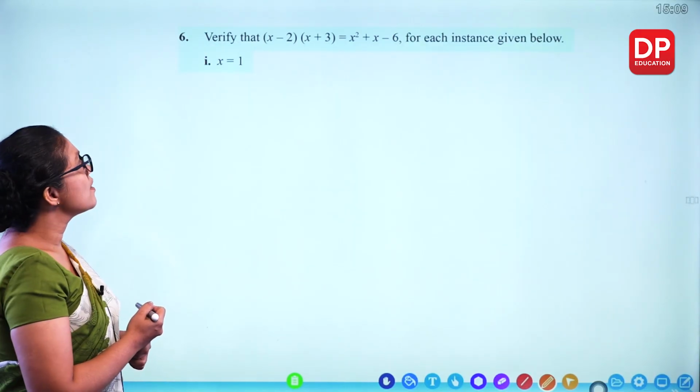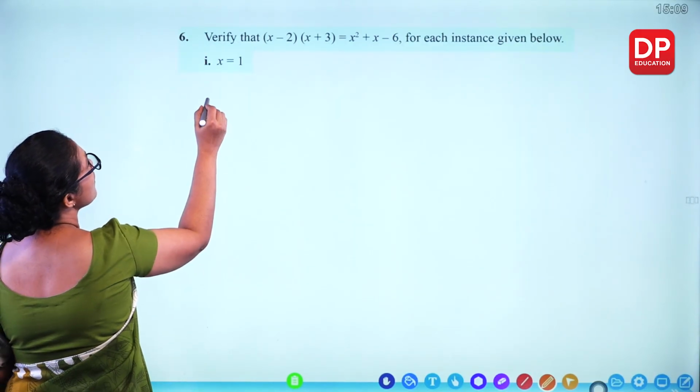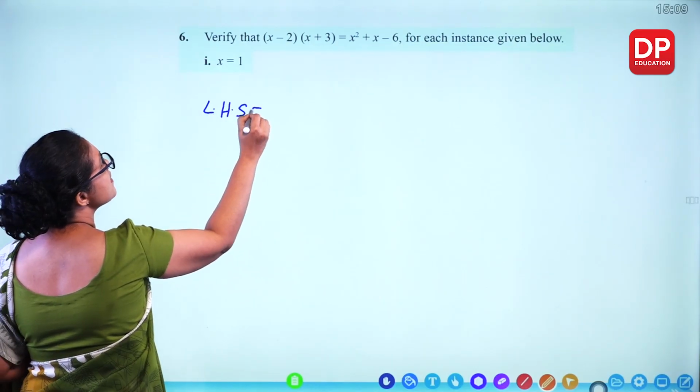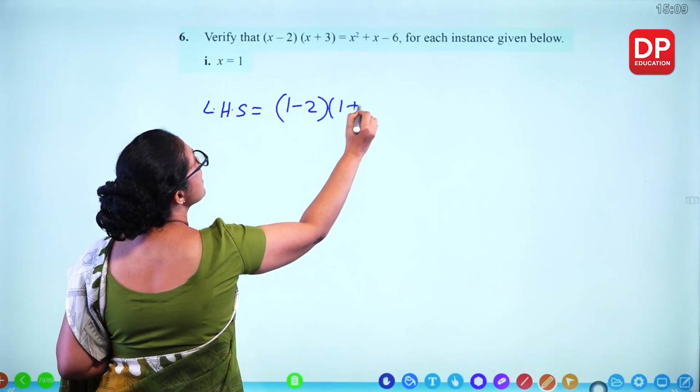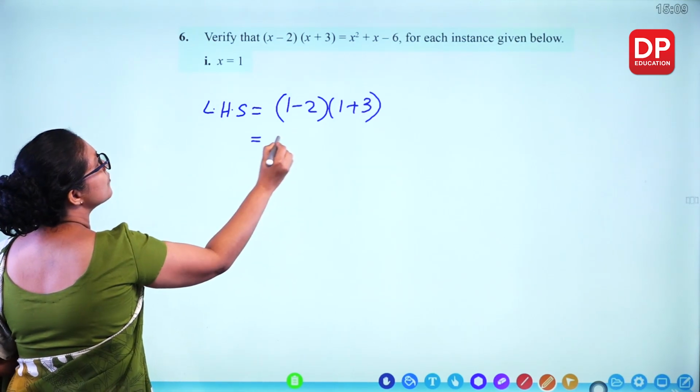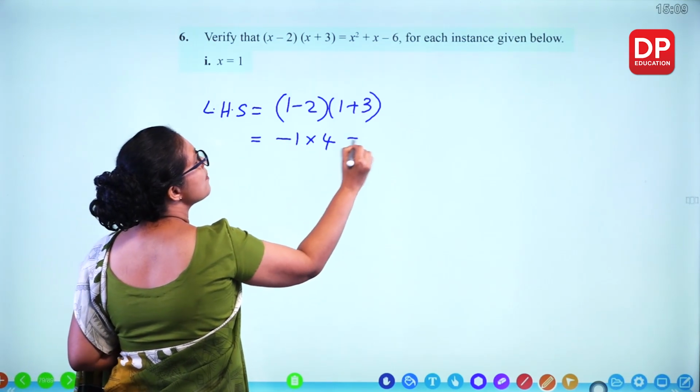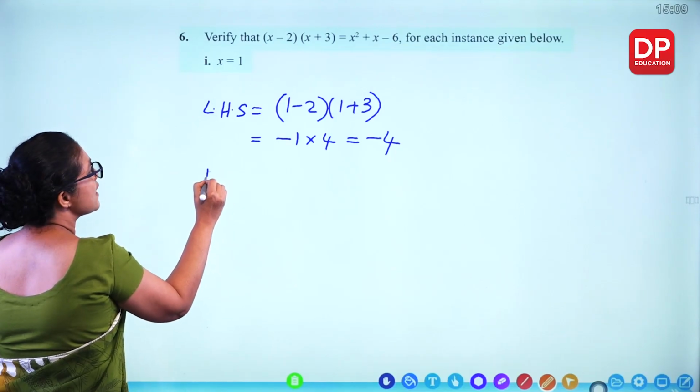Verify this one for each instance given below. So first one is x equals 1. Take left hand side and substitute 1 minus 2, 1 plus 3. Minus 1 into 4, you get minus 4. Take the right hand side.